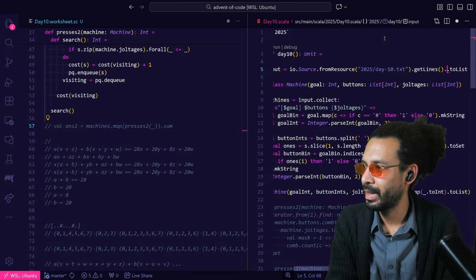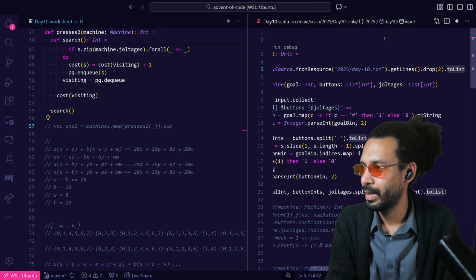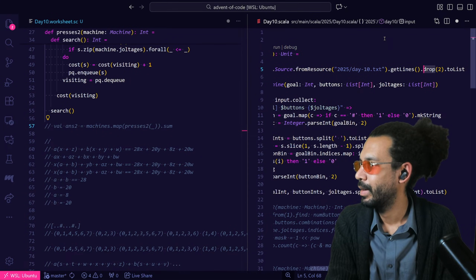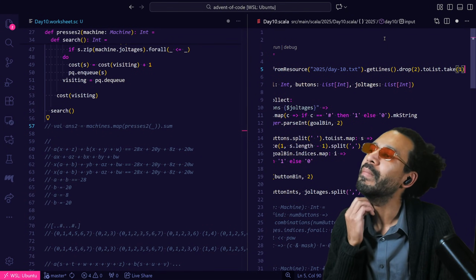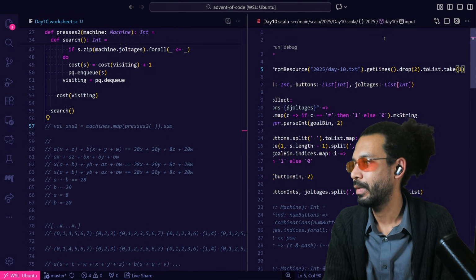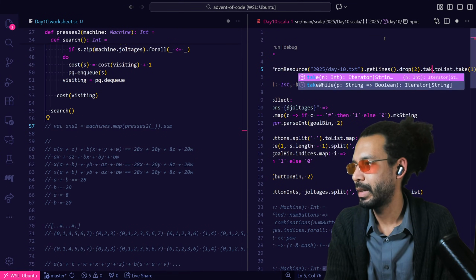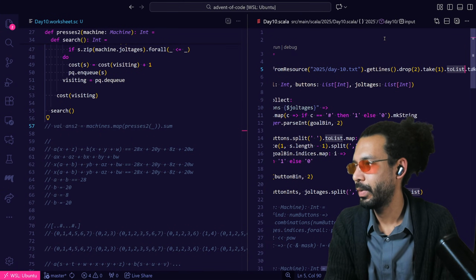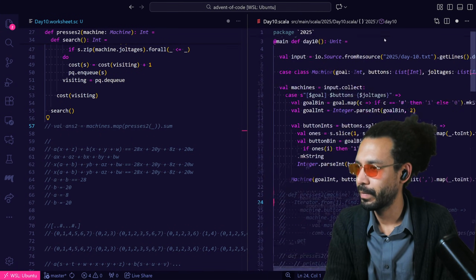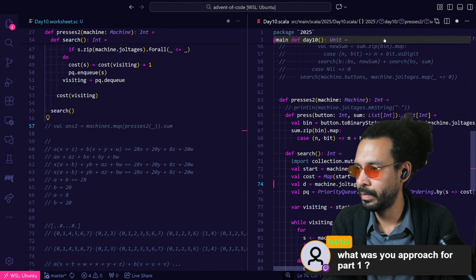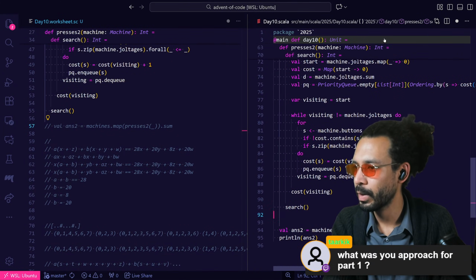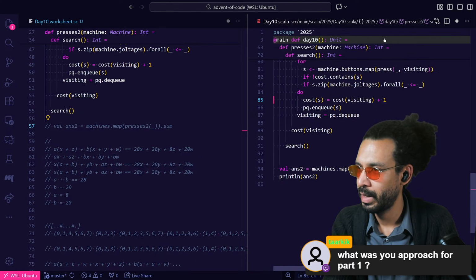Get lines that drop to list dot take 1. Or we can do drop to dot take 1 dot to list. There we go. And we'll let that run the Dijkstra for just 1.